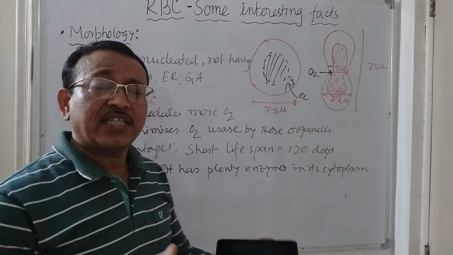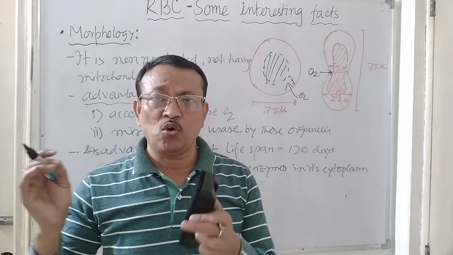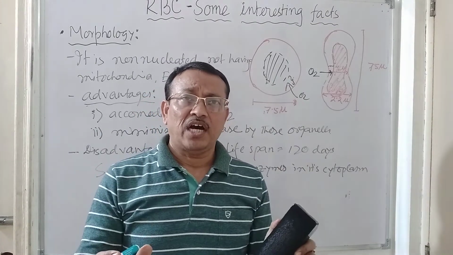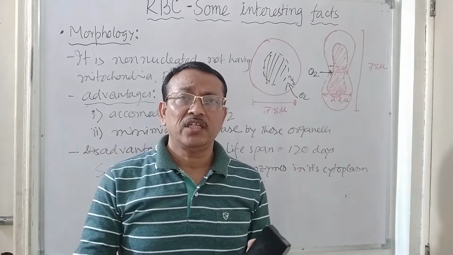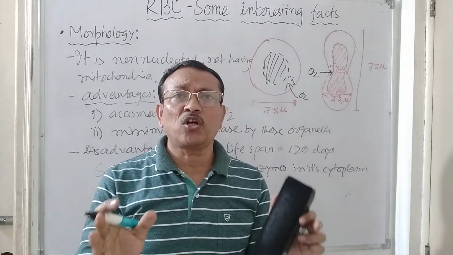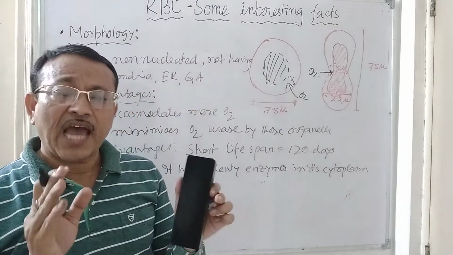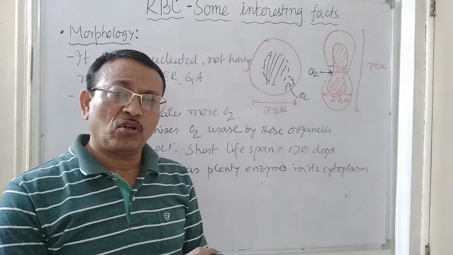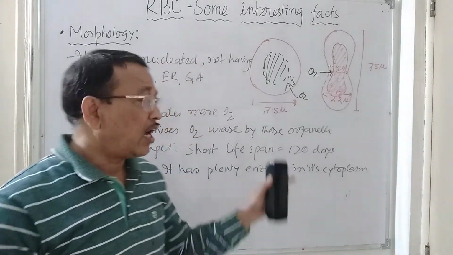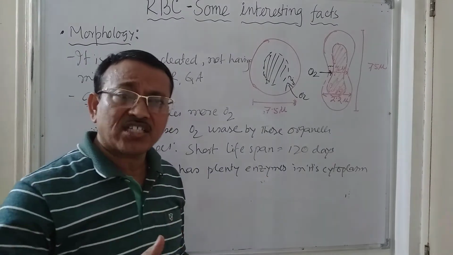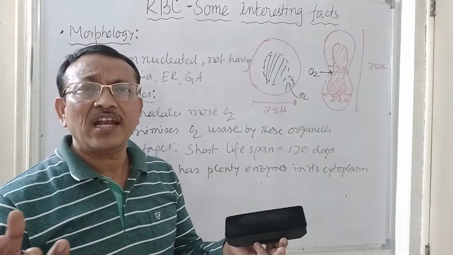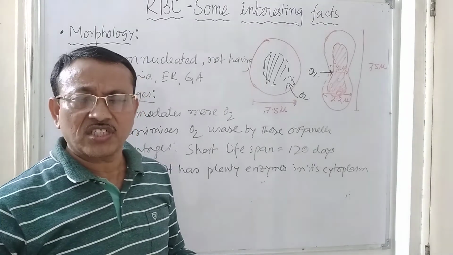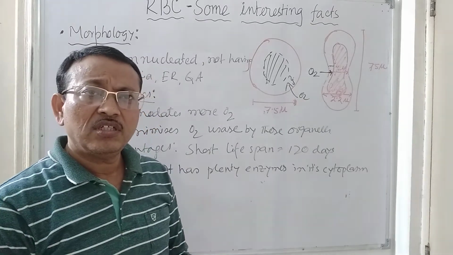That means once the RBC is matured, it is overloaded with enough enzymes, and those enzymes are responsible for maintenance of the RBC's own function, and the RBC's function is very little: oxygen carriage, carbon dioxide carriage, and some other functions that I will discuss in another video.